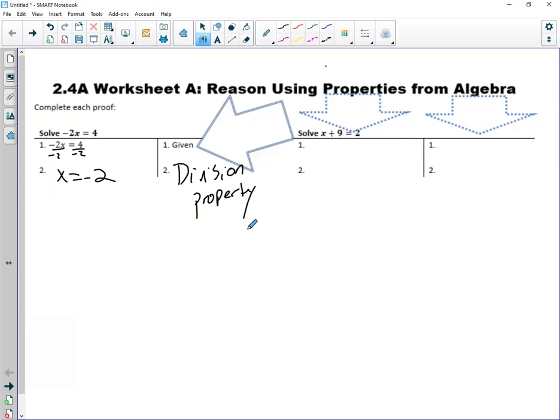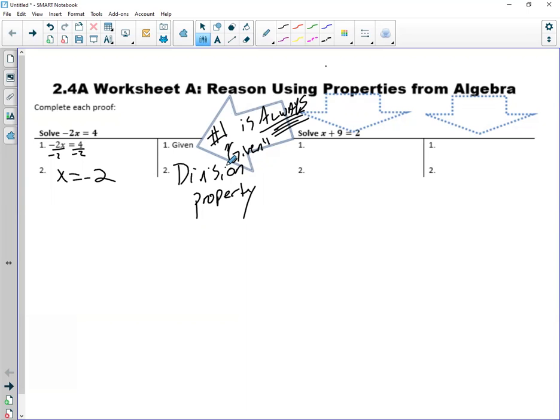This reason right here, number one, is always, no matter what, no questions asked, the word given. In a proof, the first reason, number one on the right side, will always be given.